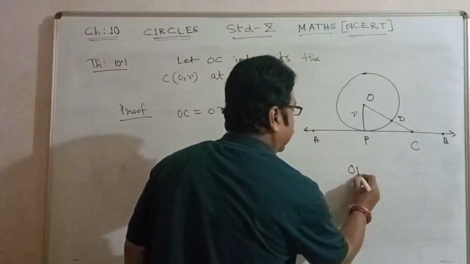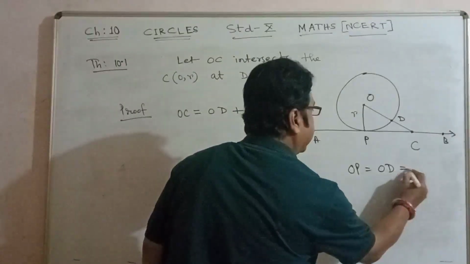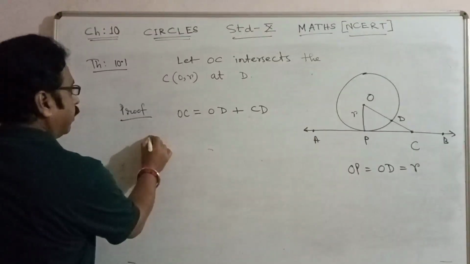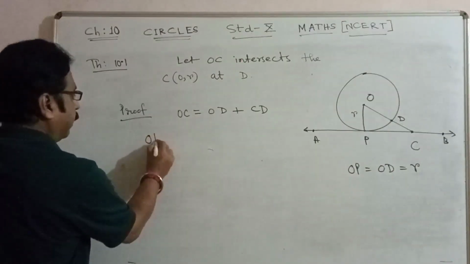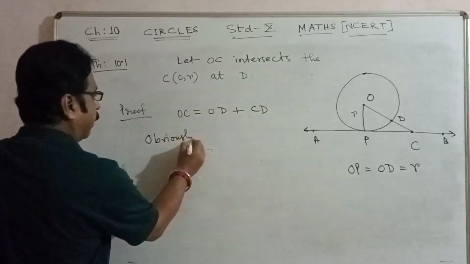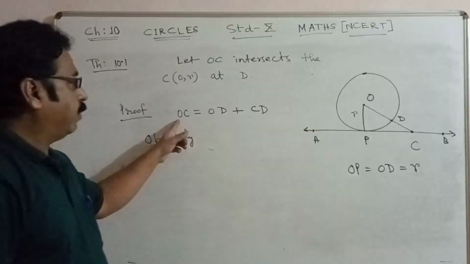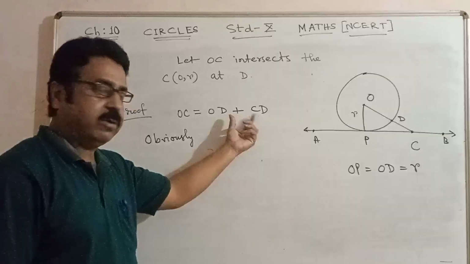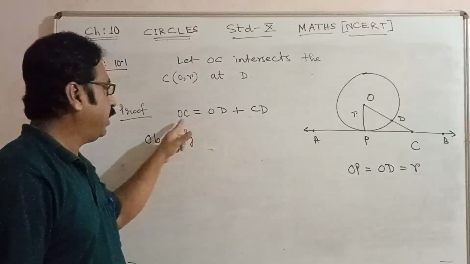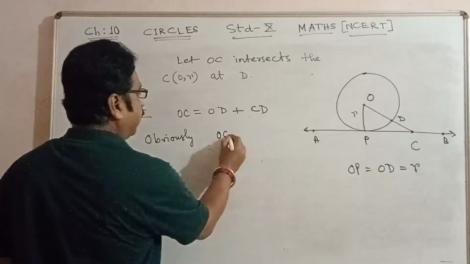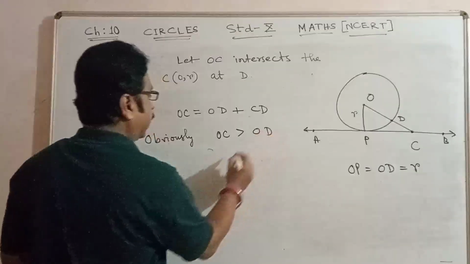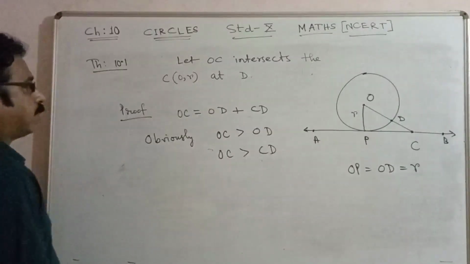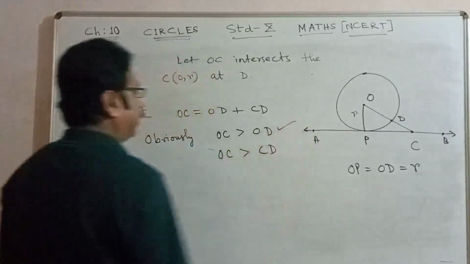So OP equals OD equals R. Here obviously OC is greater than OD and OC is greater than CD, because OD plus CD together, if we join, then we get OC.